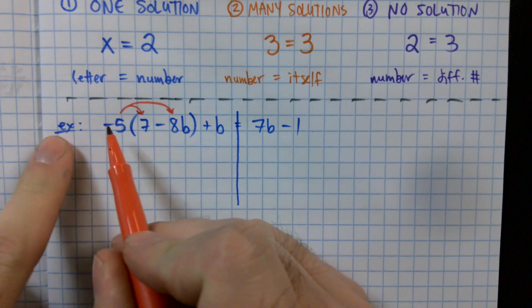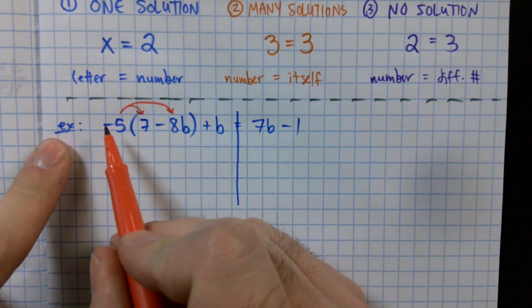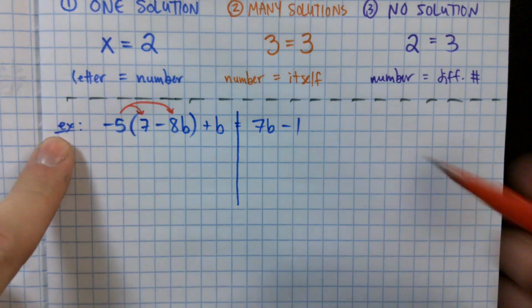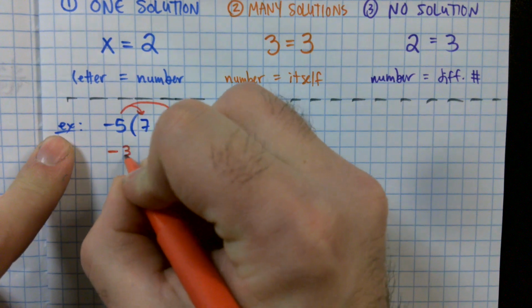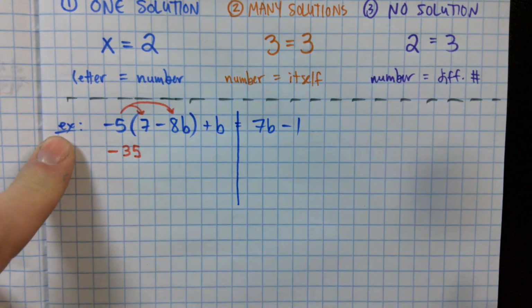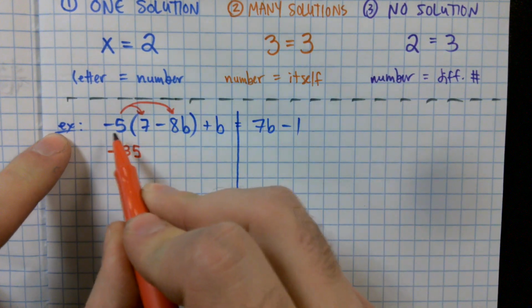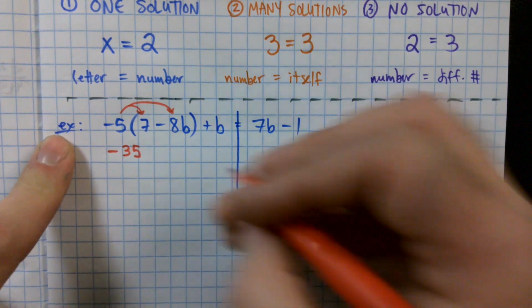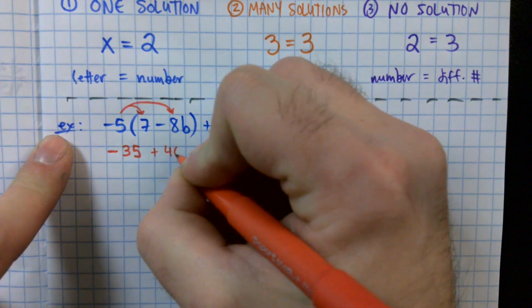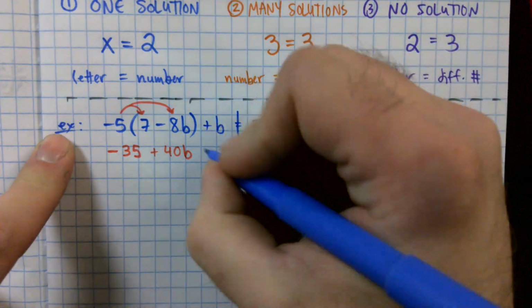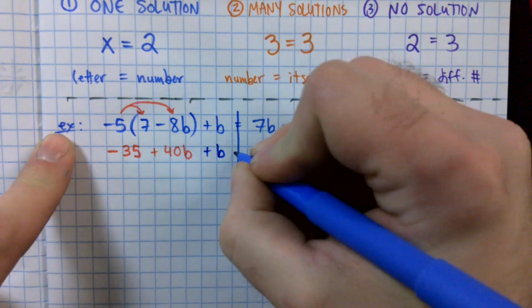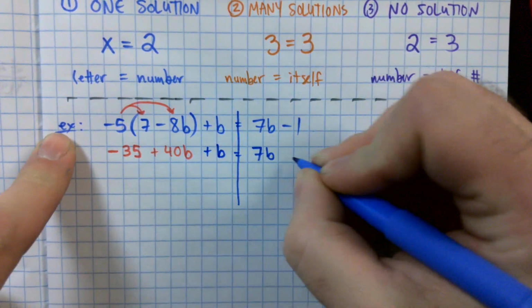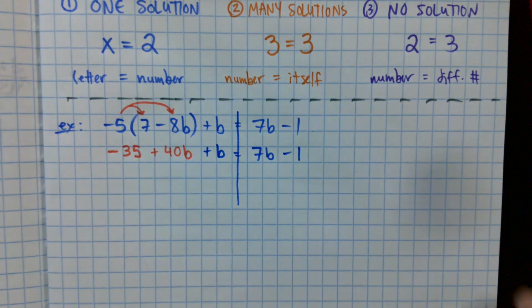When we distribute this, we get -5 times 7, which is -35. And we get -5 times -8b, which is what? Positive 40b. We still got that plus b, and we've still got that equals 7b minus 1.